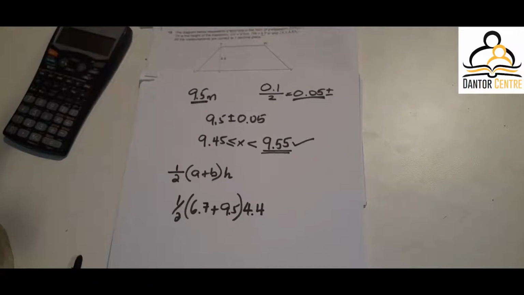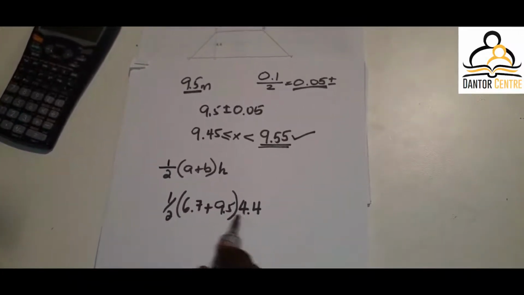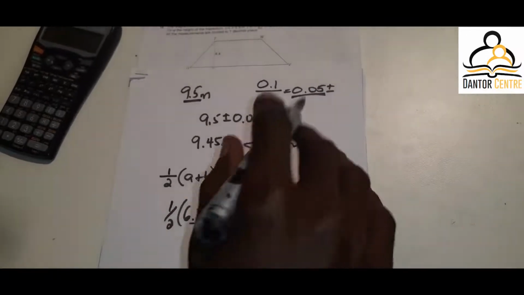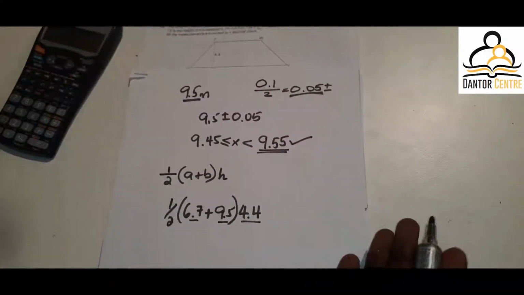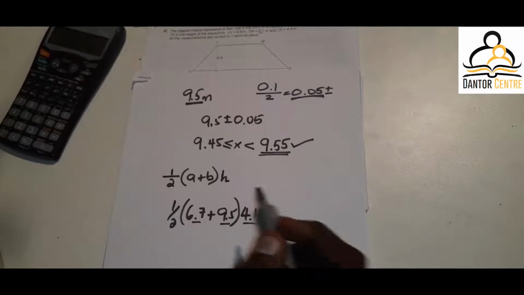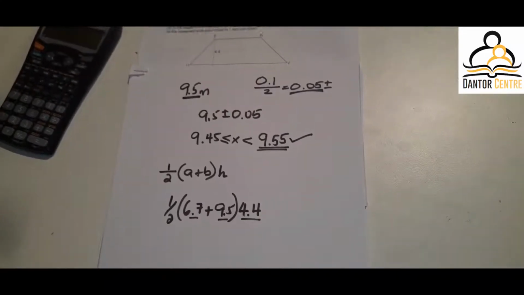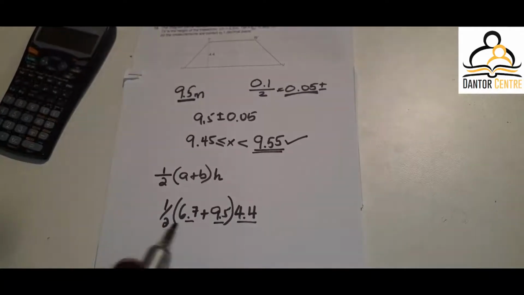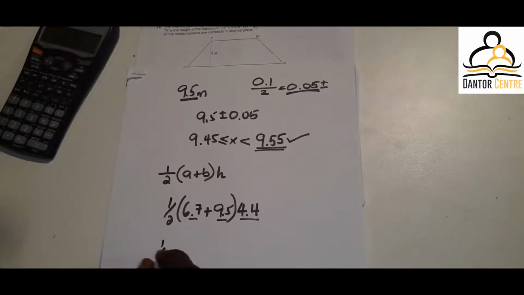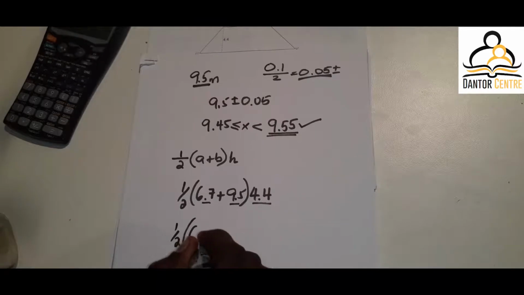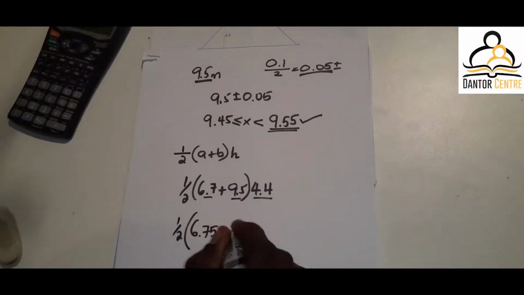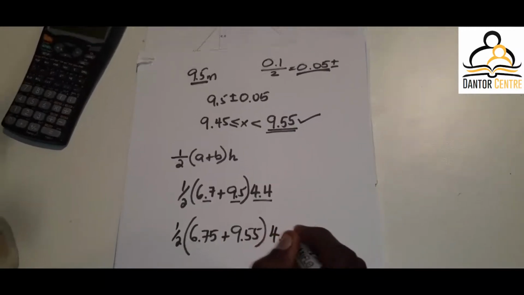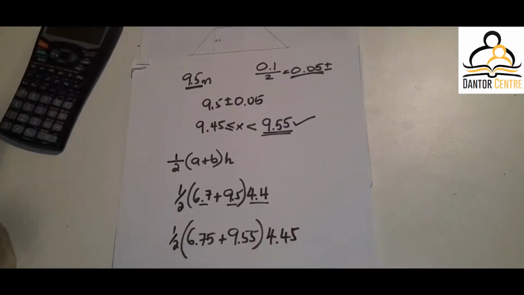So we're going to convert each and every one of our dimensions to upper bounds. Since they were rounded off to one decimal place, we are going to add 0.05 to each one of them, which means we have half of 6.75 plus 9.55 multiplied by 4.45. I hope I didn't lose you there.